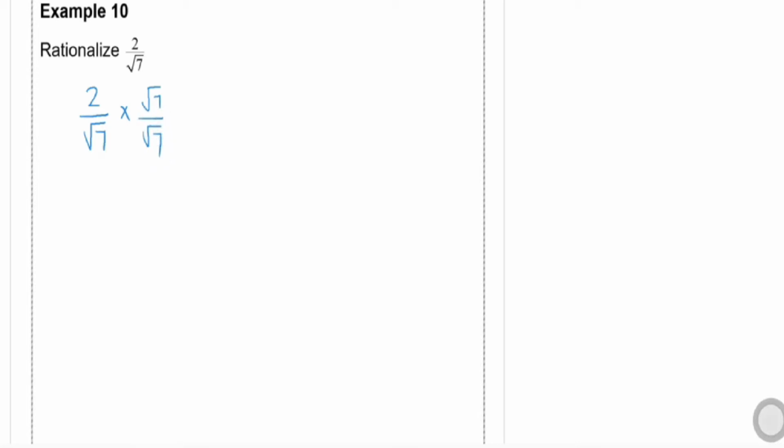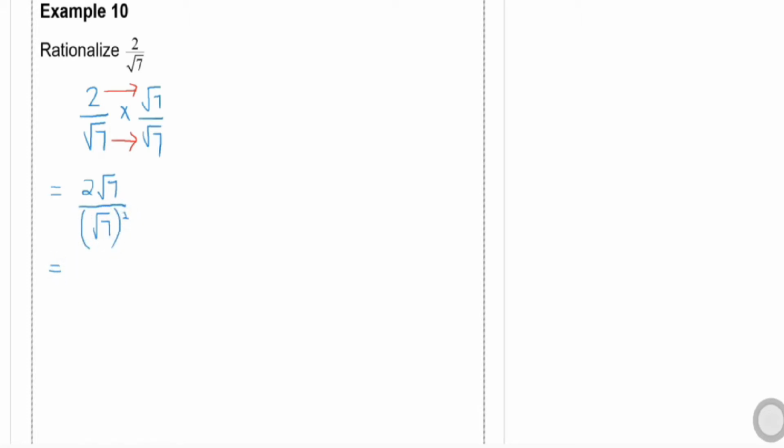Notice here, we won't change the value of the fraction. So now, we can just multiply the numerators together and the denominators together. So it will be 2 times √7, which is 2√7, over √7 times √7, which is √7 squared.